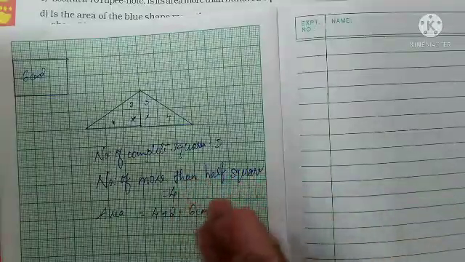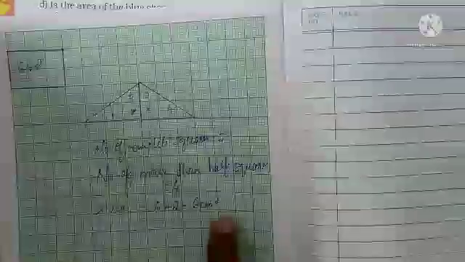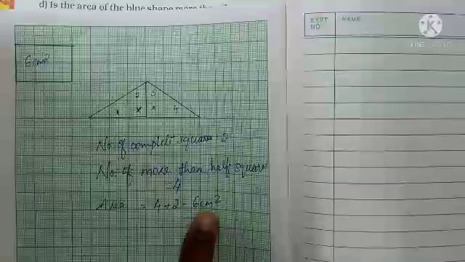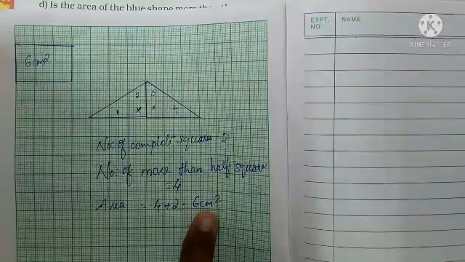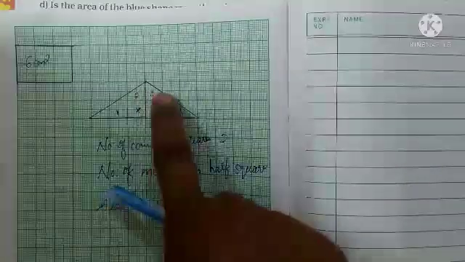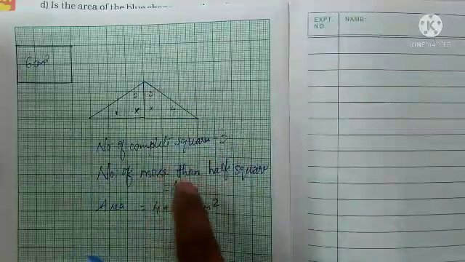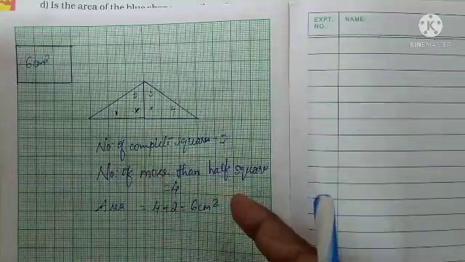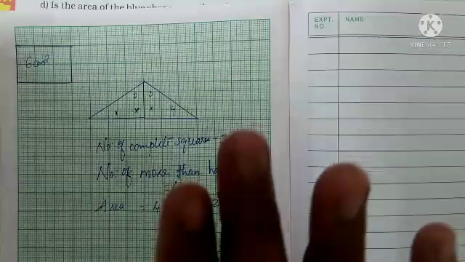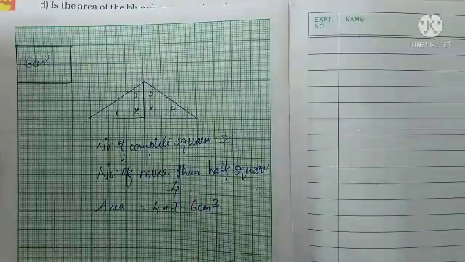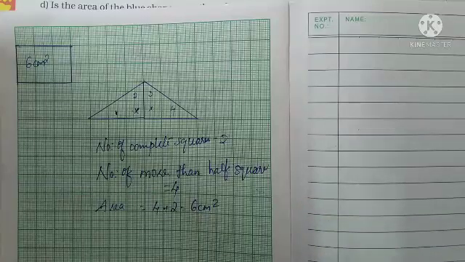We have to find the area as 6 square centimeter. It's not an accurate value. It is an assumption value, because some places we have to leave out, and more than half we have to count as 1. Understand? So it is not an accurate value, but an estimated value.